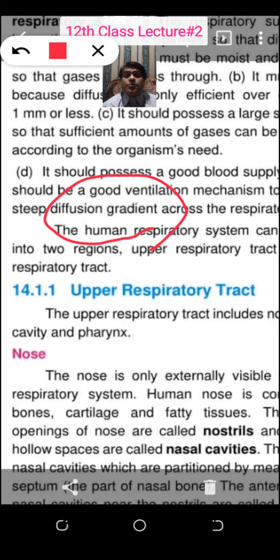It develops due to muscles: the diaphragm muscles, which are situated at the base of the chest cavity, and the intercostal muscles. In the next lecture, I will tell you about these muscles' functions, how you create less pressure in the lung and more pressure of oxygen outside.